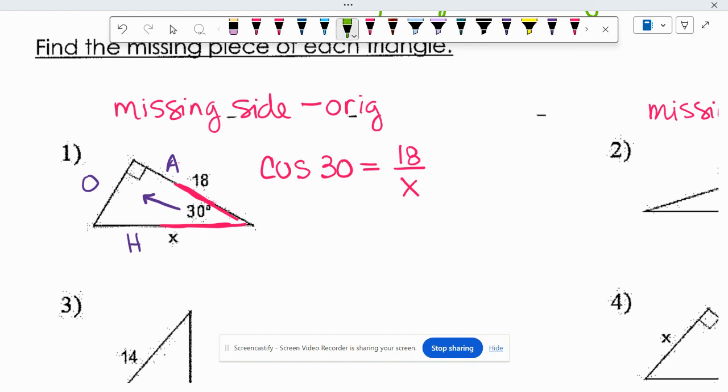Go ahead, Tyler. Yeah, flip the 30 with X. Trade spots. We're not flipping them. We're just trading them, right? Swapping them out. So X equals 18 divided by the cosine of 30.